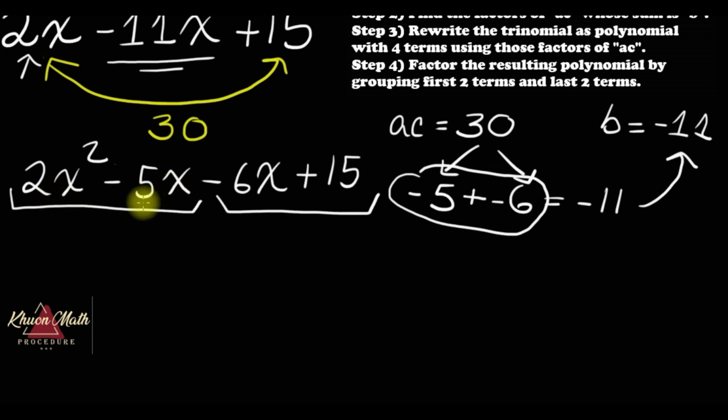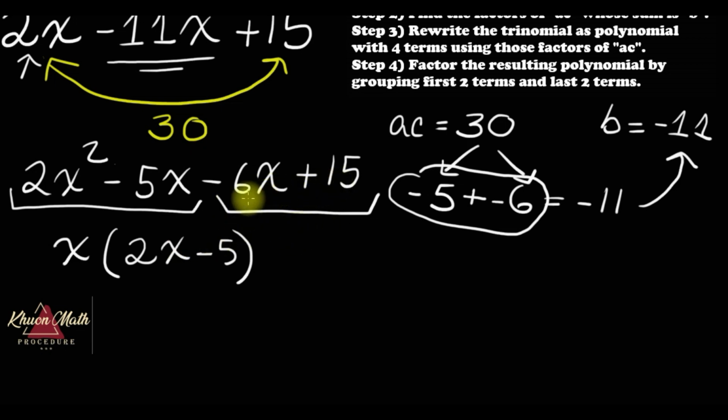Looking at the first group, you have to pull out the greatest common factor. What's the greatest common factor between 2x squared minus 5x? You can only pull out an x. x times what gives you 2x squared? x times 2x. And x times what gives you negative 5x? That would be negative 5.